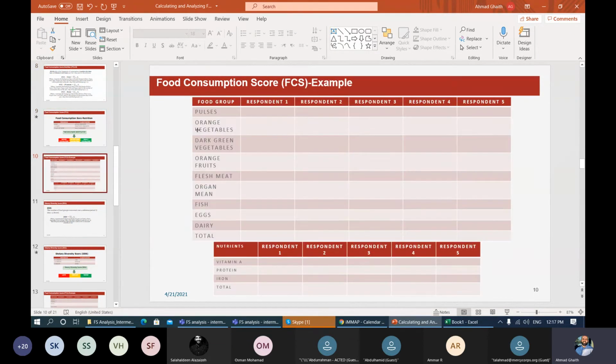But actually, we can gain more information if we say, okay, they ate orange vegetables 4 days a week, and they ate dark green vegetables 4 days a week. Actually, that means maybe one day they're eating 2 vitamin A rich foods, and so 8 days means that they ate more vitamin A rich food, and it doesn't mean necessarily that it was daily.